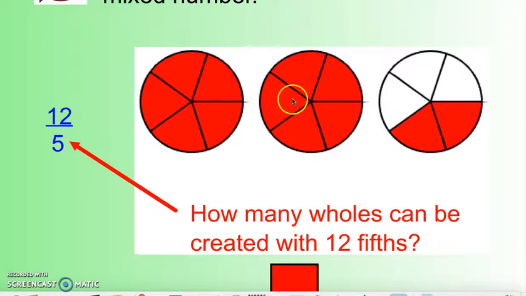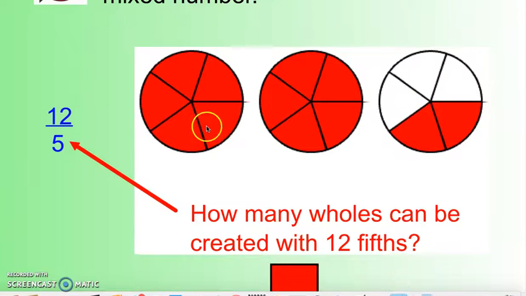So if I look at this example, each whole is separated into 5 equal parts, and I need 12 of them, 12/5. So if I put together 12 of these fifths, here's 5, here's 10, and then I need 2 more. This is what it would look like.